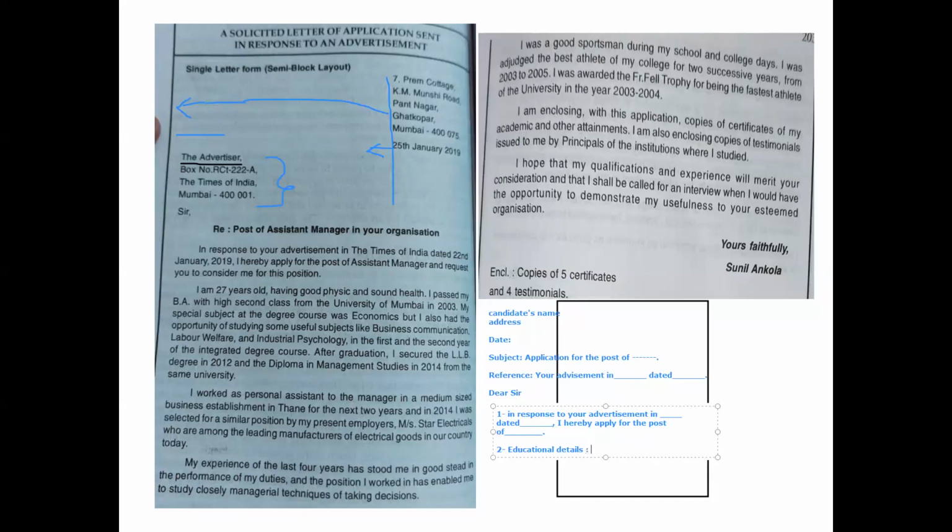What are you telling here? Which course you have completed, then in which year you have completed, the year of your completion, your grades, what was your specialization, if any project you have completed, along with that any other additional qualification which is required.